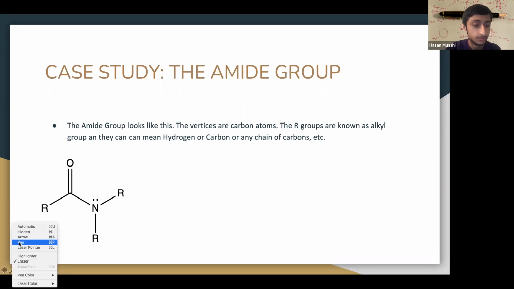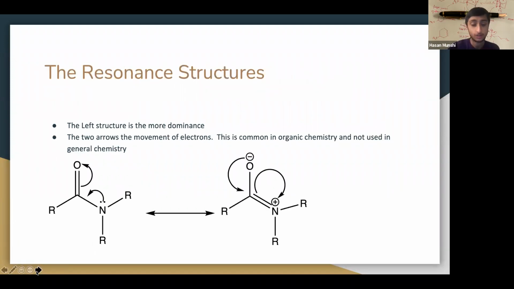And so okay, resonance structure. So the left structure is more dominant. There's a typo, I'll fix that later. So these two arrows I put here show a movement of electrons. This is common in organic chemistry, not so much in general chemistry.